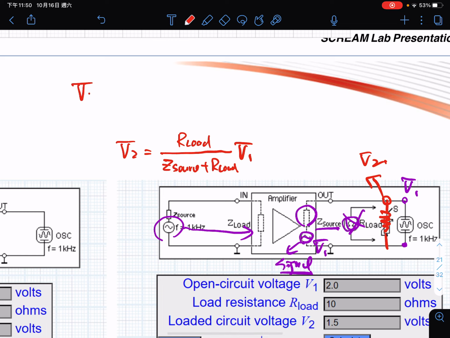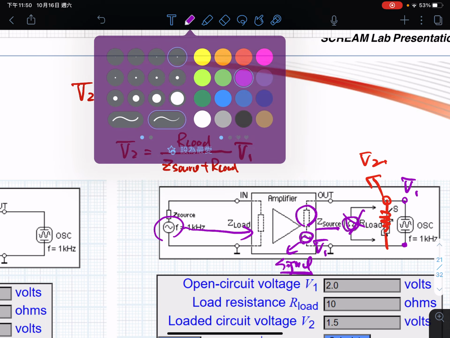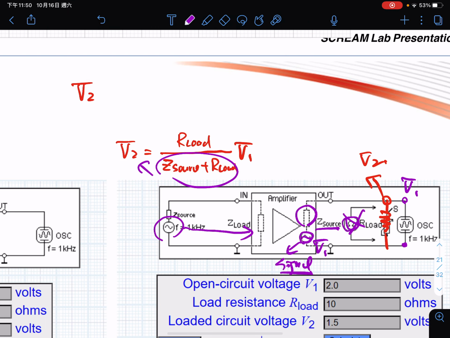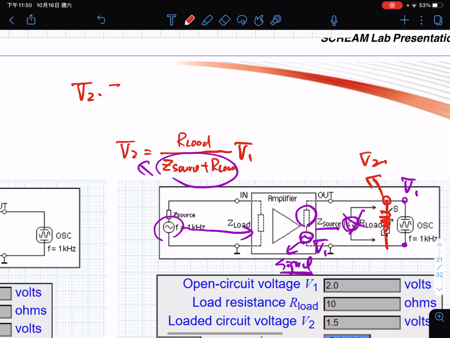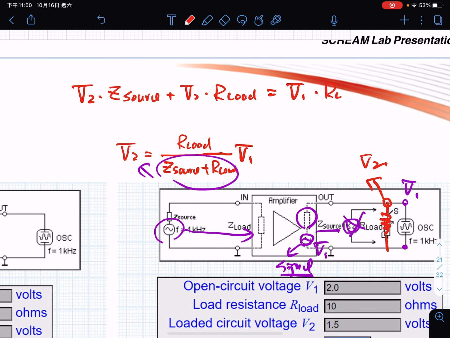We multiply this and move this one to here. Then we have V2 multiplied by the Z source plus V2 multiplied by the R load, which will be equal to V1 multiplied by the R load. Of course, R load is known, right? So we can move this one around.